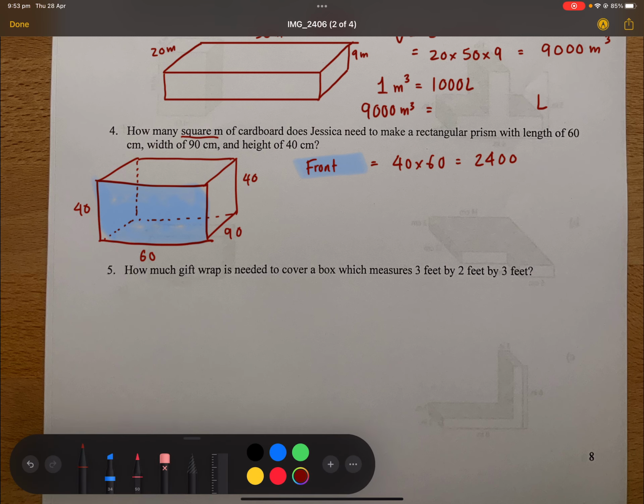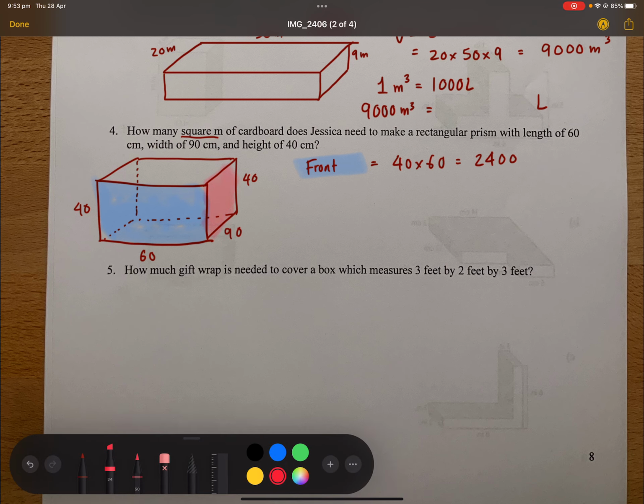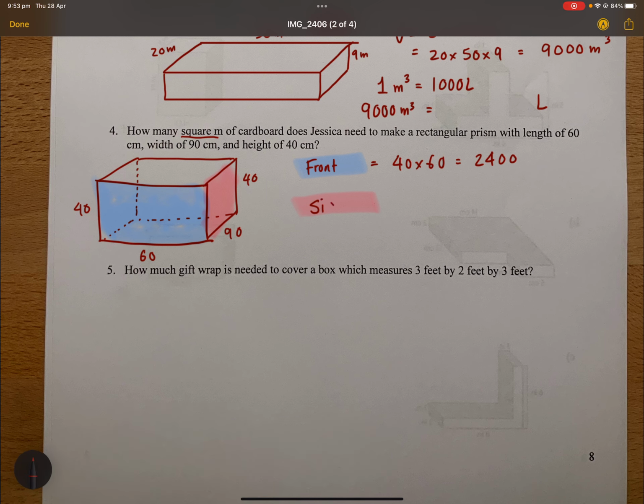Now I'm going to do the side face. What's the area of the side face? That's going to be 40 times 90, which equals 4 times 9 is 36 with 2 zeros. And these are going to be in centimeters squared.